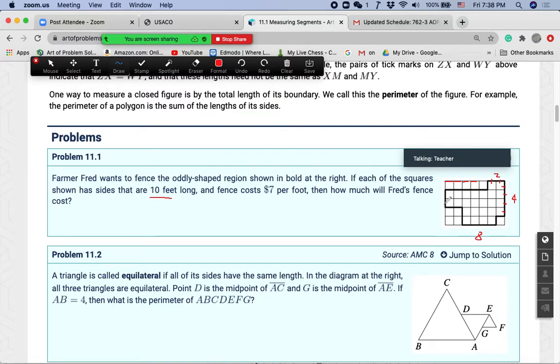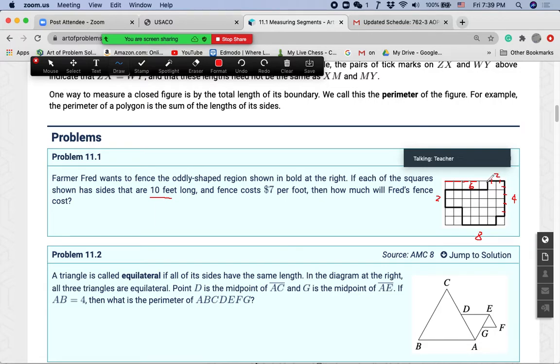Then here 1, 2, have 2. Then from here 1, 2, 3, 4, 5, 6. Here have 6. Then you add all these together, see what you get. 2 plus 8, that's 10, right? So 10 plus another 10. Oh, you got 22?